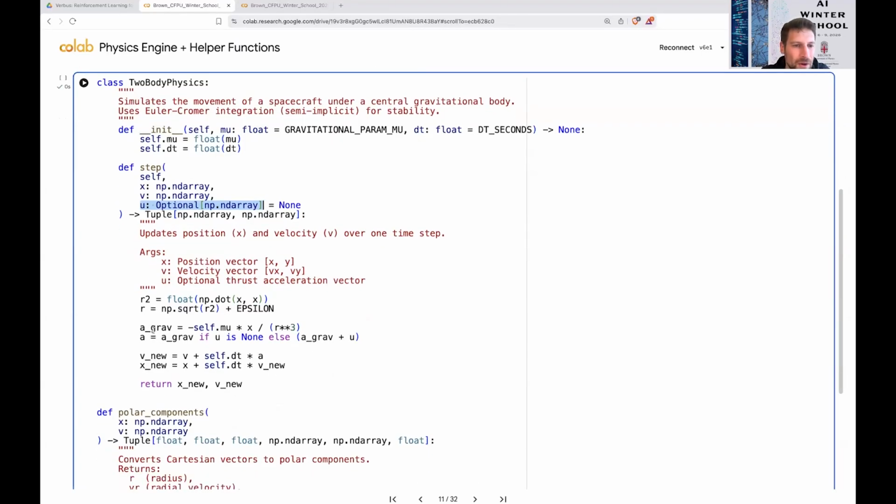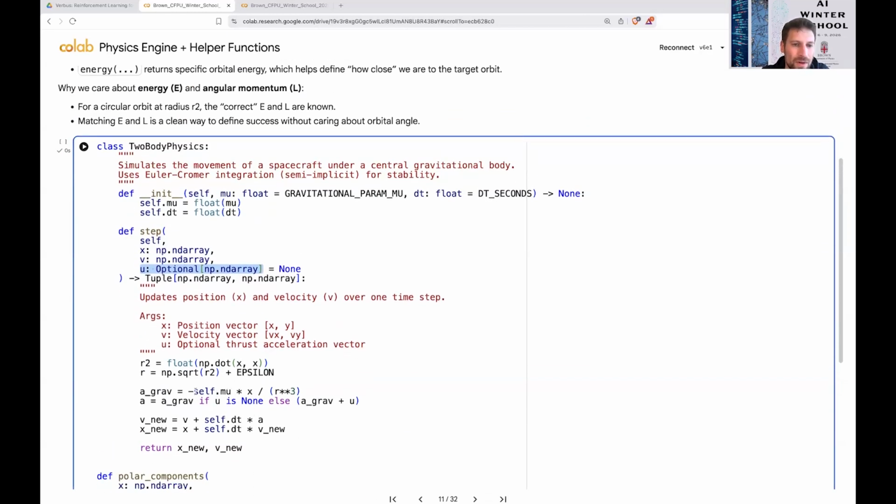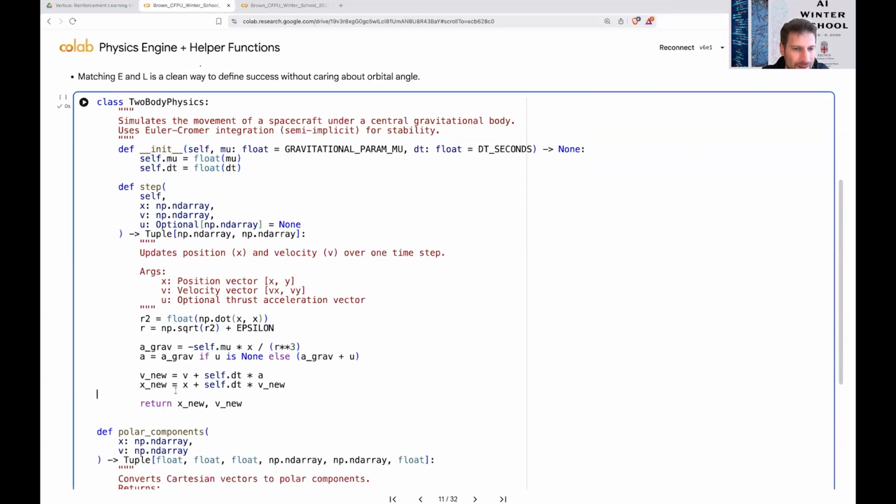It includes gravity as well, from your central mass via the mu term. So there should be nothing surprising here. But basically, this allows us to calculate the t plus one step at every step t.